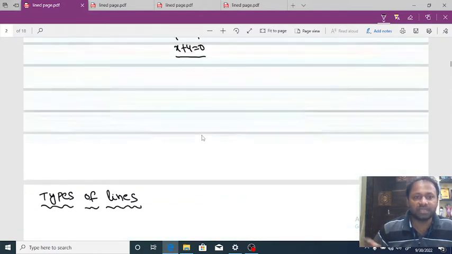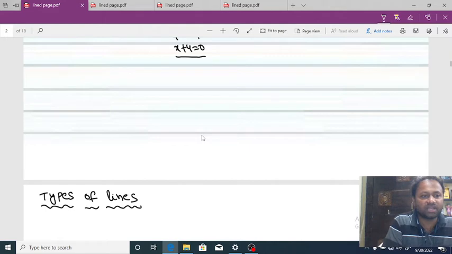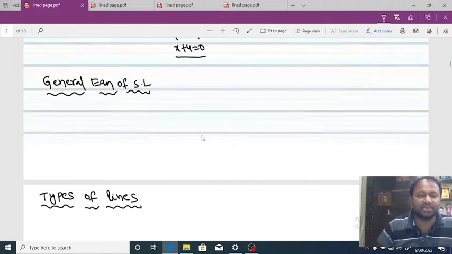Before going to types of lines, what is the general form of a straight line? What will be the general equation of a straight line?